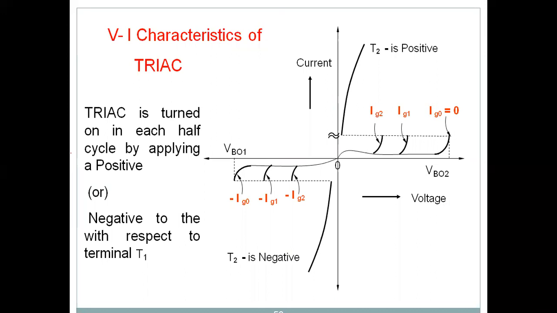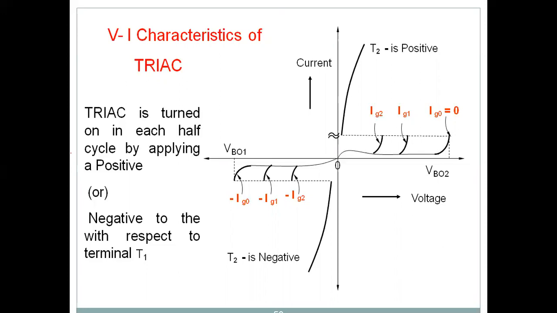Its 3 terminals are usually designated as terminal T1, terminal T2, and gate G. When the applied voltage is less than breakover voltages VBO1 and VBO2 and the gate signal is not applied, then the triac is in blocking state for both directions.